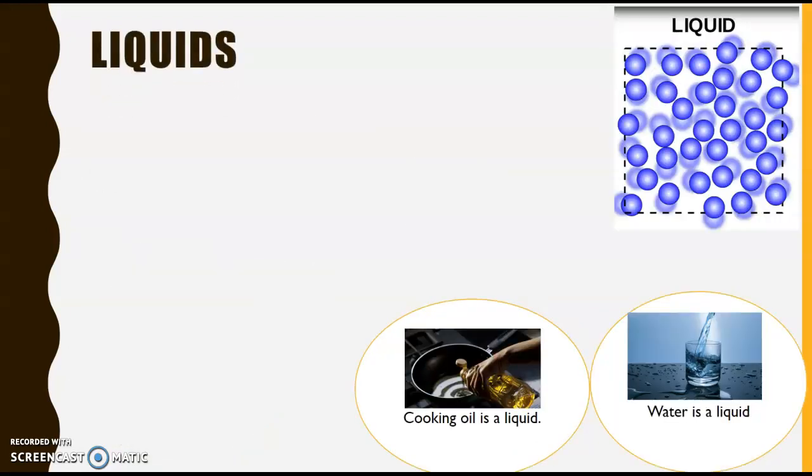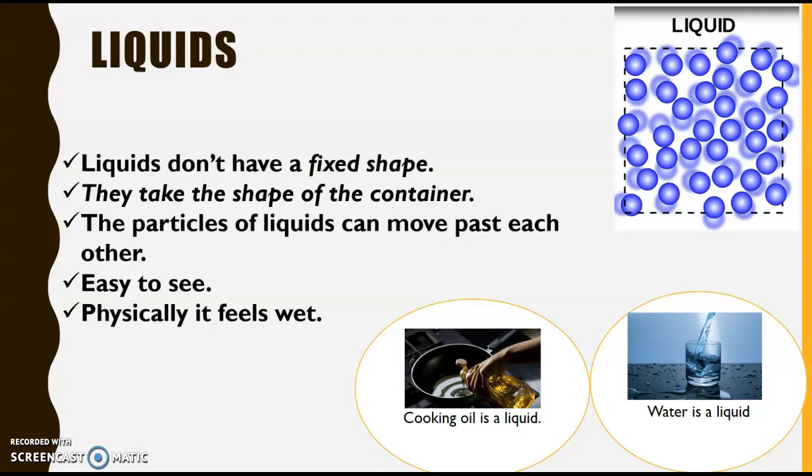Now we are looking at liquids. Liquids don't have a fixed shape. And what does that mean? It means that they take the shape of the container. For example, if you look at this water in the glass, it took the shape of the glass.